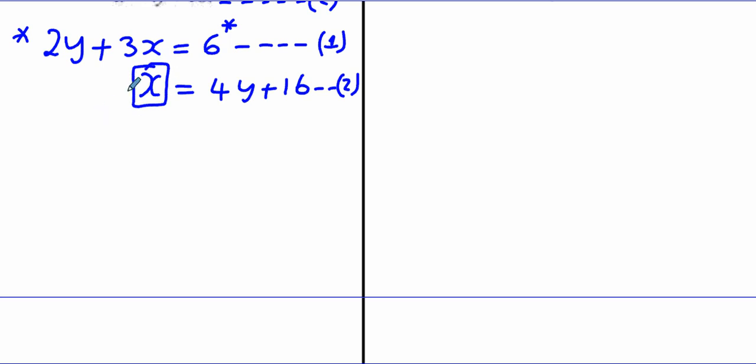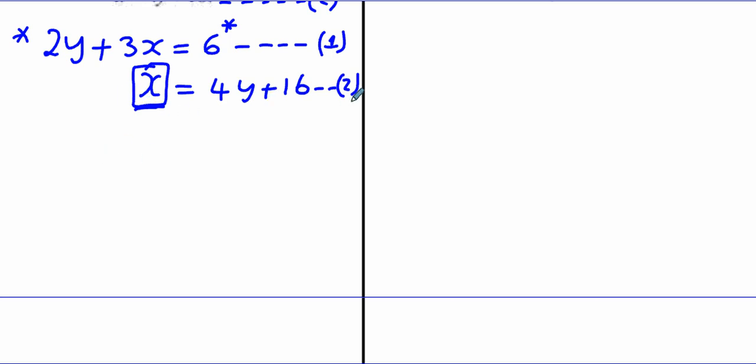So in this case, we go to step number 2, which is substitute equation 2 into equation 1. Why? Because equation 2 has got the letter which is already the subject. Suppose equation 1 and equation 2 had no letter which is the subject already, what we do is choose any of those two equations and choose one letter and make such a letter the subject, so that you can proceed to step number 2.